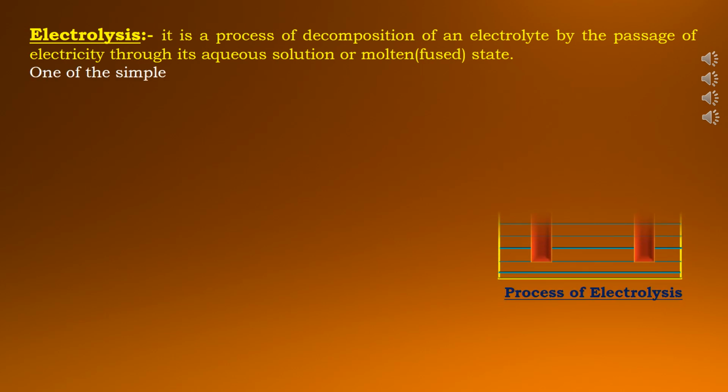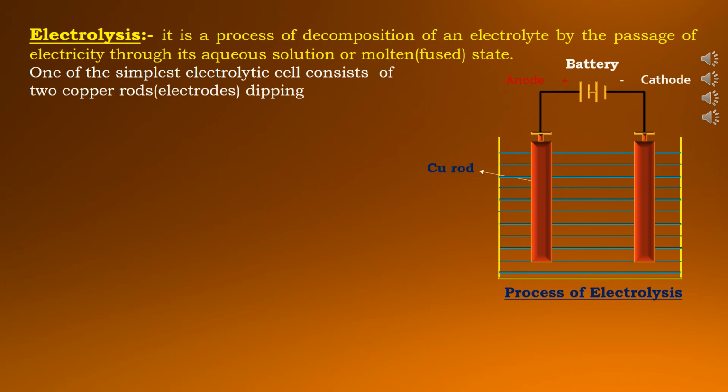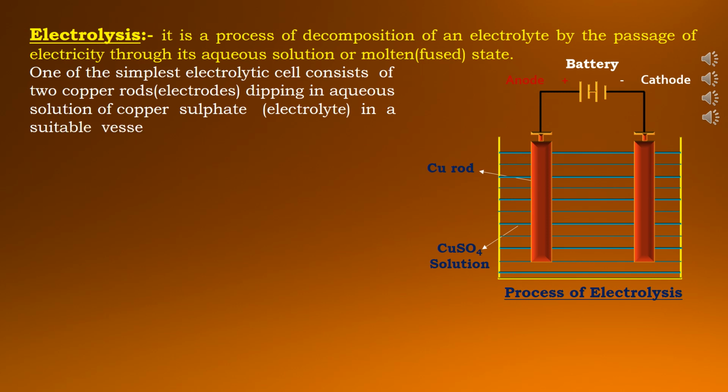One of the simplest electrolytic cell consists of two copper rods which are called electrodes dipping in an aqueous solution of copper sulfate which act as an electrolyte in a suitable vessel called electrolytic tank.